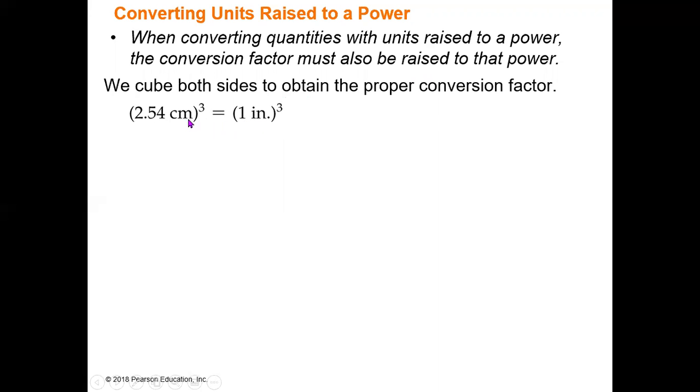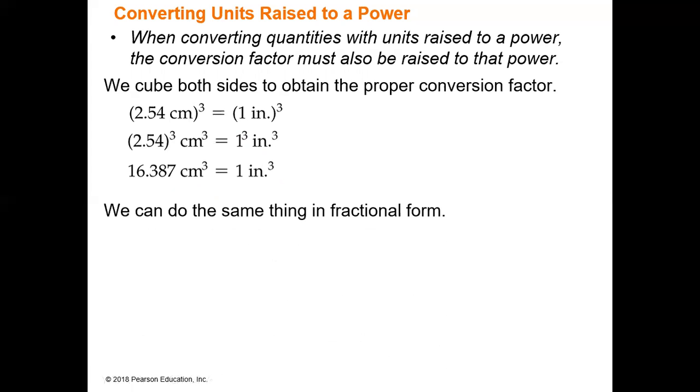But when you want to convert between cubic inch and cubic centimeter, you have to cube the unit and also cube the number. So therefore, we get 2.54 cubic centimeter equals 1 cubic inch, and it turned out to be this number.